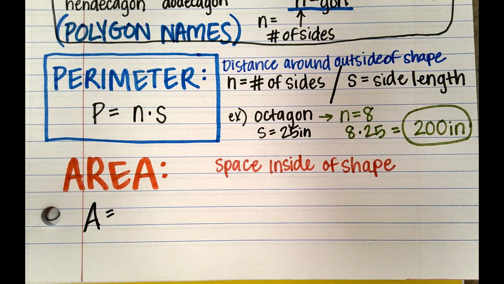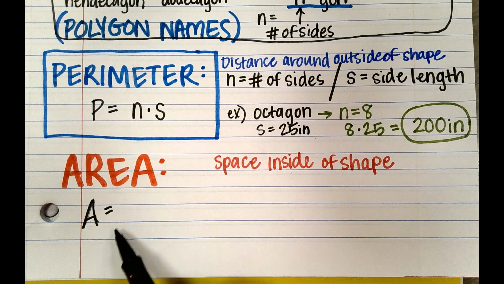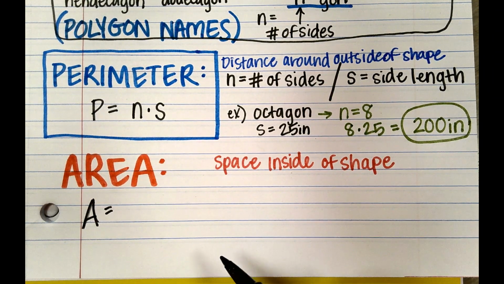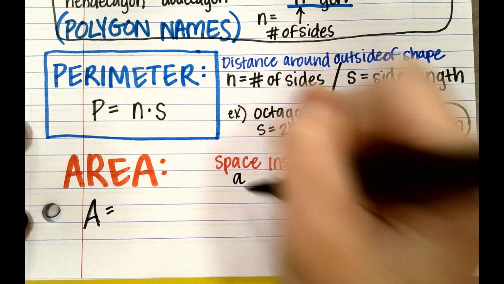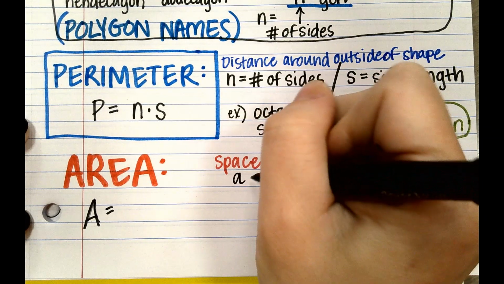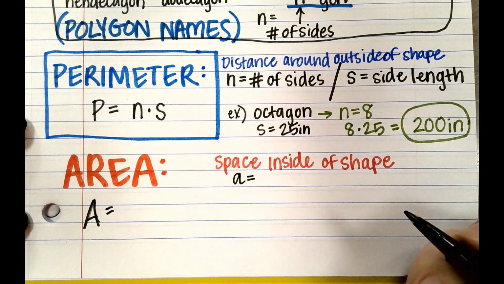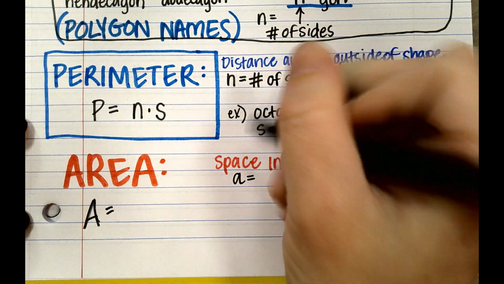We'll have an area formula. Now, we are going to introduce one more letter, and it's going to be a lowercase a. The lowercase a is called the apothem.